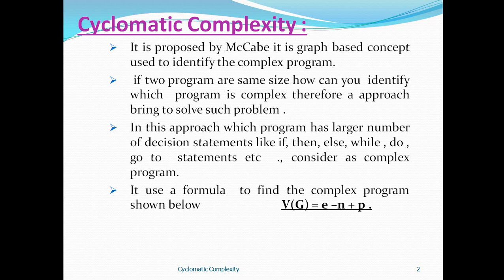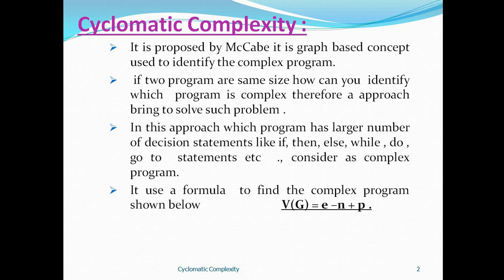But this complexity measure counts the number of decision statements that exist in the program.